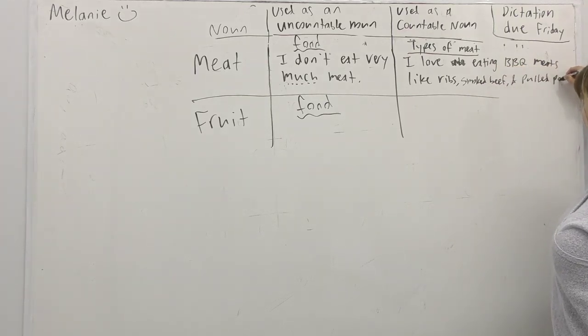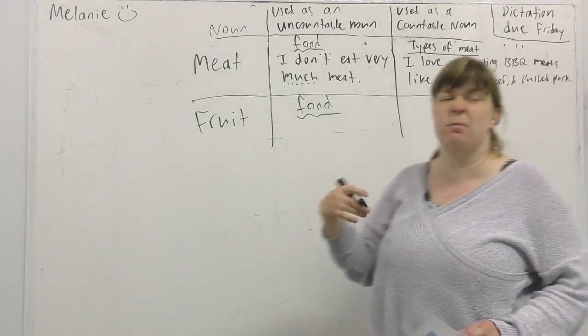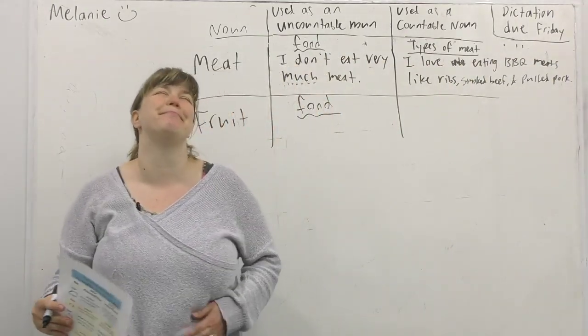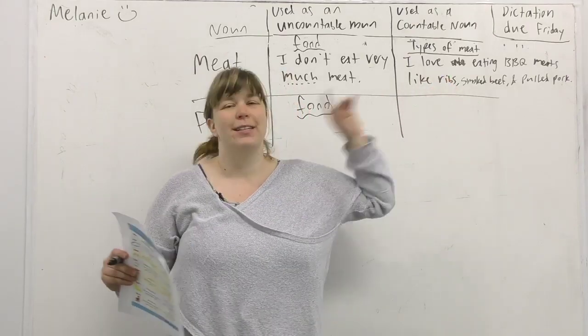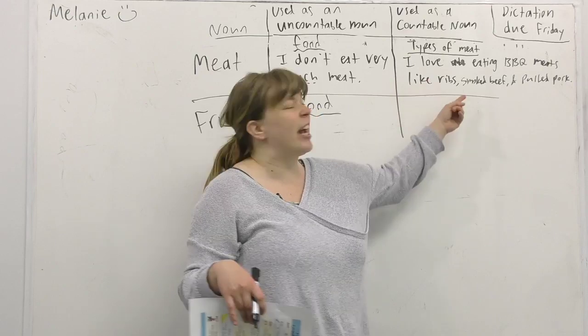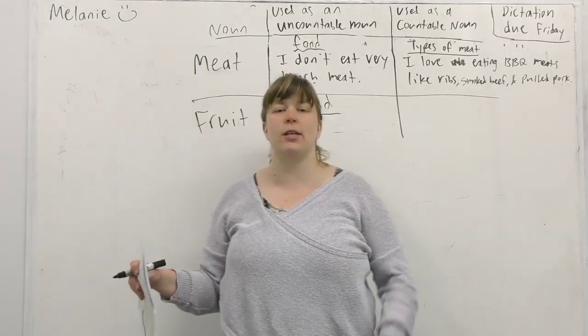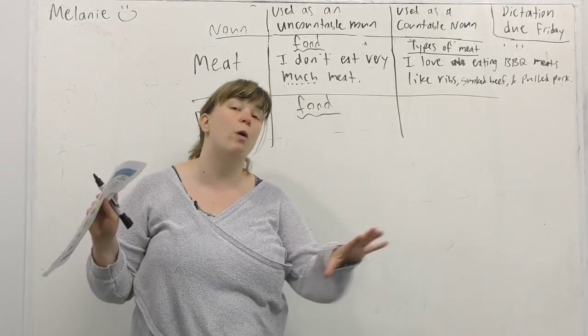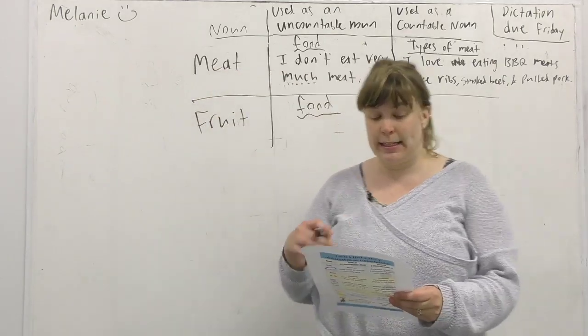This is true. I love like pulled pork and ribs and smoked beef and beef brisket. My favorite. This Southern barbecue, the best. If you get the chance, go to a place that does Southern style barbecue. You won't regret it. All right.